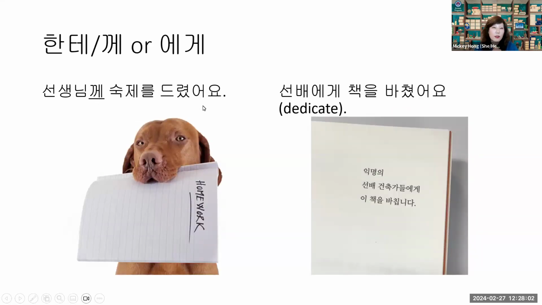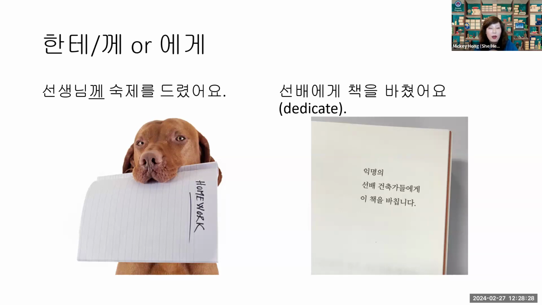선생님께 숙제를 드렸어요. 선생님 is a superior, especially to a student. So to a teacher, anyone whose job title ends with 님, you should use 께, not 한테. And also, instead of 주다, you use 드리다 to give something to an older person or a superior.